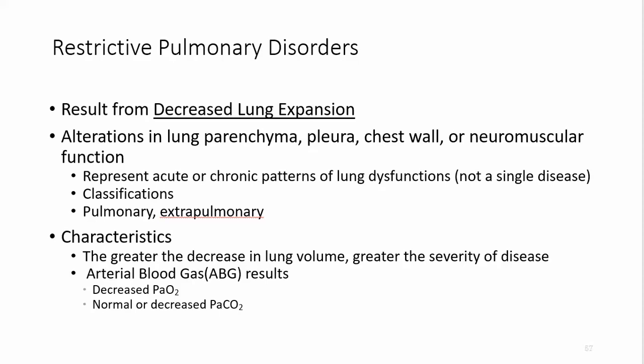If you don't bring as much air into the lungs, then you're going to have a decreased partial pressure of O2, and you don't know about the CO2. It might be decreased, it might be normal, because you are exhaling. It's just you're not adequately inhaling.